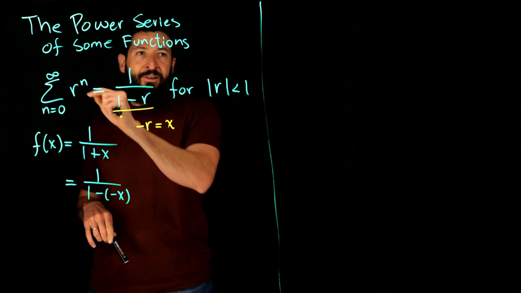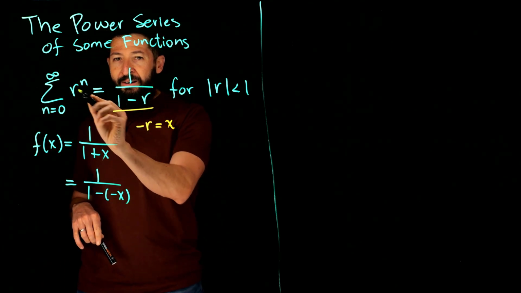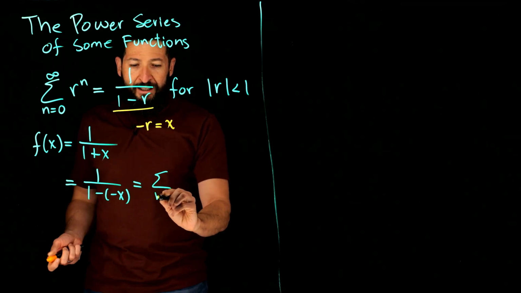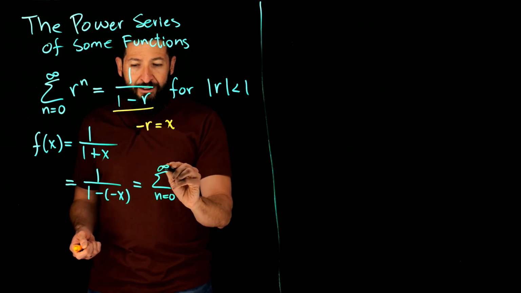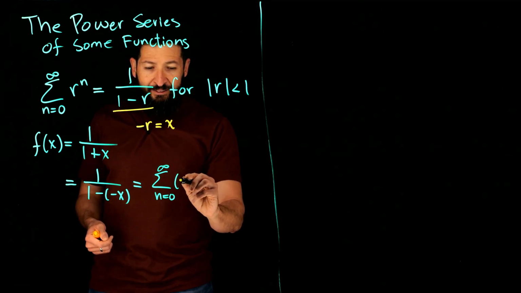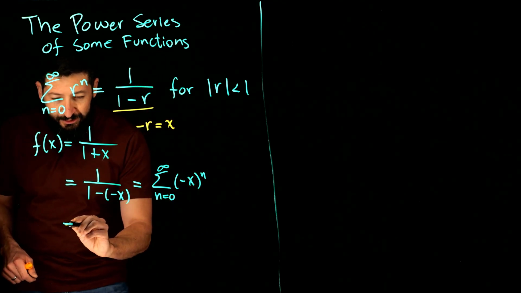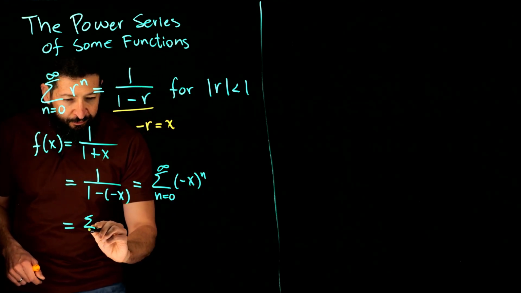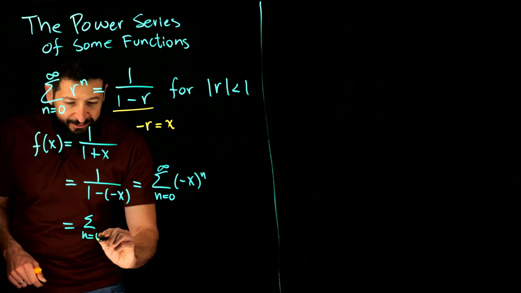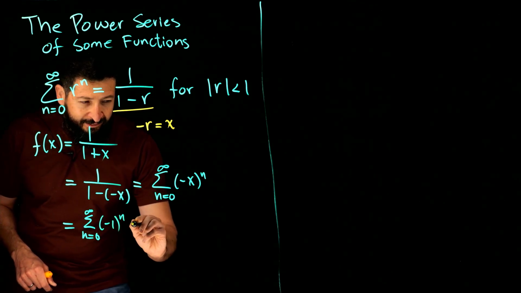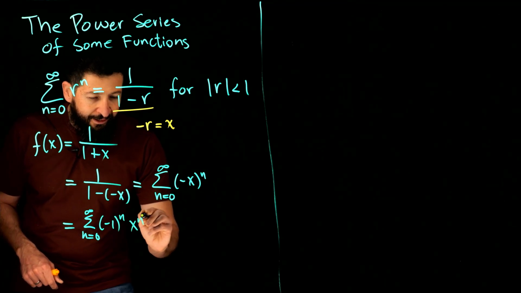And then I can plug it in here where r is negative x, and I get this sum from n equals 0 to infinity of negative x to the n, which is also written in terms of a power series, is negative 1 to the n times x to the n.